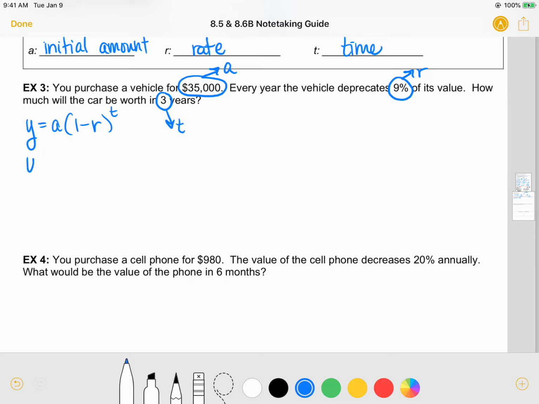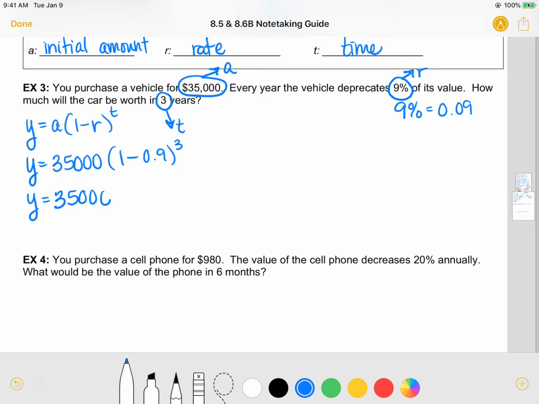So we're going to plug in, we're going to have y equals 35,000 times 1 minus, what is 9% as a decimal? That's 0.09. So 1 minus 0.09 raised to the third power. Okay? Evaluate your parentheses.